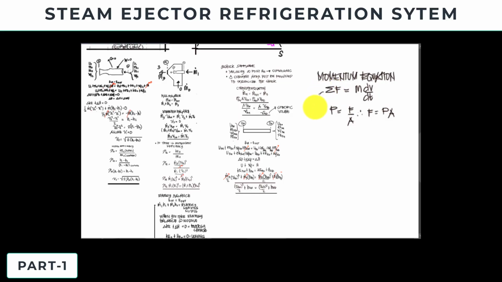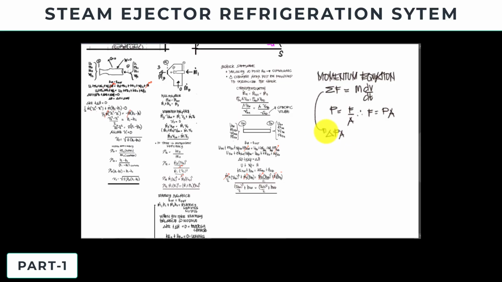Now substituting that here, the summation of forces becomes the change in pressure times the area, since we have a change in pressure from point 1 to point 2 and a constant area from point 3A to 3B.